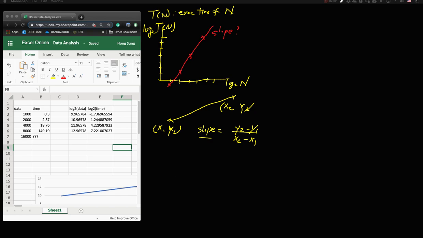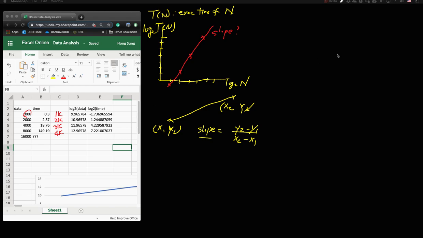So in this graph, we find the slope of the next adjacent one. Here this is 1K data, then 2K data, 3K, 4K data. What is the slope between 1K and 2K, 2K and 4K, 4K and 8K? We can compute the slope of each segment. The x2 minus x1 is always 1, so we just compute the difference of y.